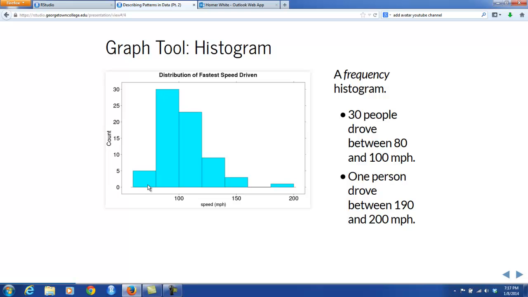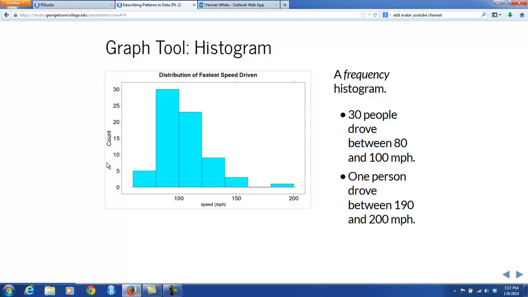You can see as well that about 30 people drove between 80 and 100 miles an hour. And it looks like maybe just one person drove between 190 and 200 miles per hour.